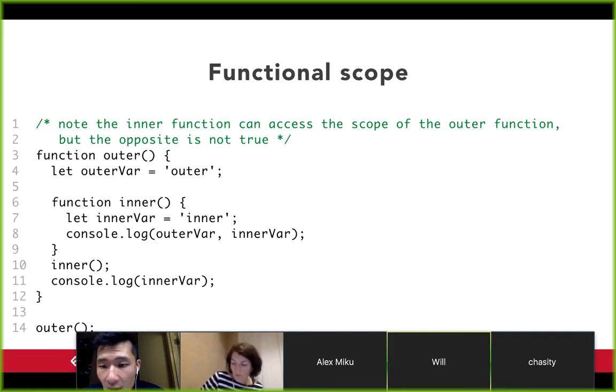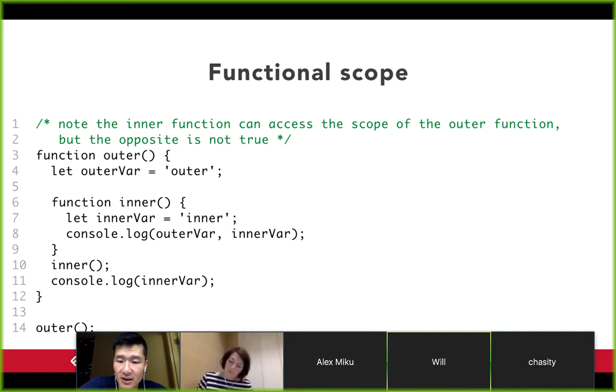On line 11, however, if you notice, we're also console logging out inner var. Well, if I put myself in the computer's shoes, when I get to line 11, what I'm basically going to ask is, is there a variable called inner var in my own function scope, the outer function scope? And the answer is no, there's not, because I cannot look inside my child scope.